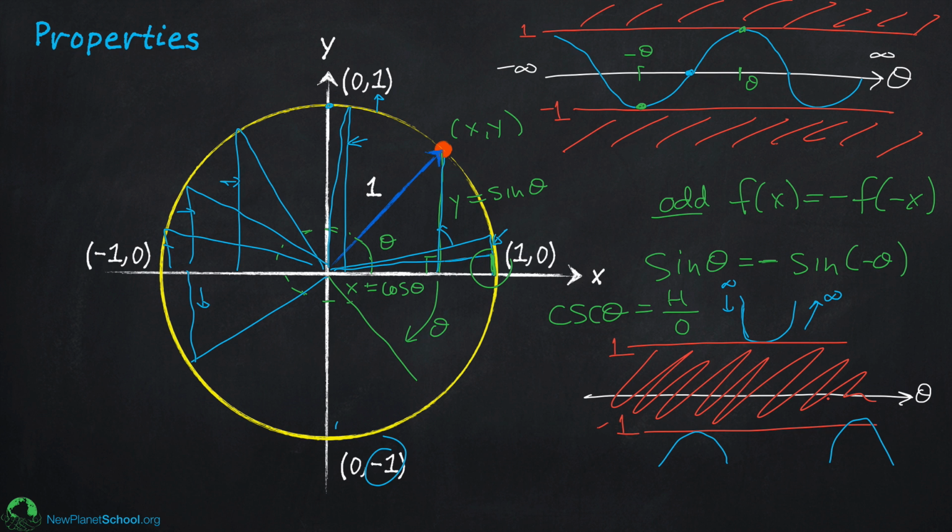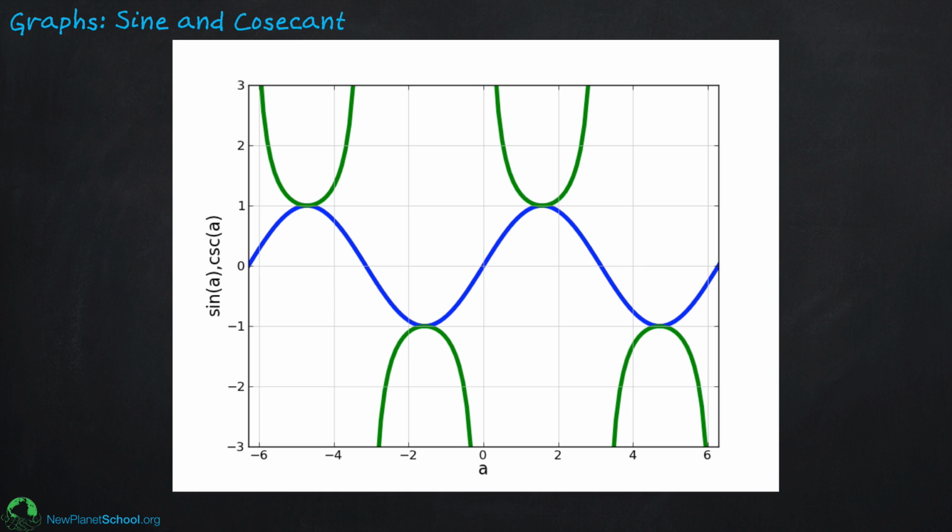Okay, so here's some actual pretty graphs instead of my graphs. I wanted you to see what these actually look like. And so just quickly, here's the sine function here. This is sine theta, and I'm plotting this from minus 2 pi to 2 pi. Here's 0. Here's the origin. It's an odd function.